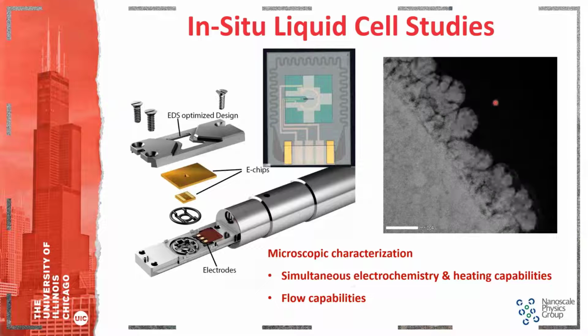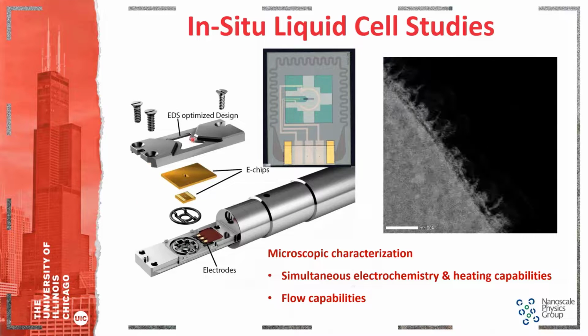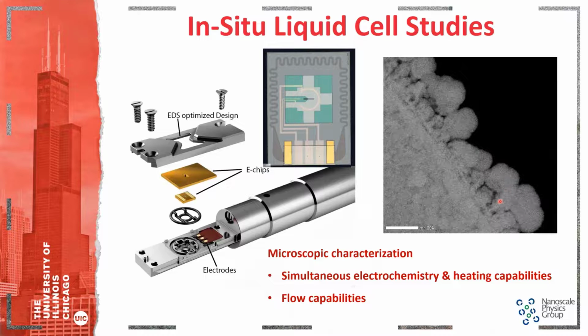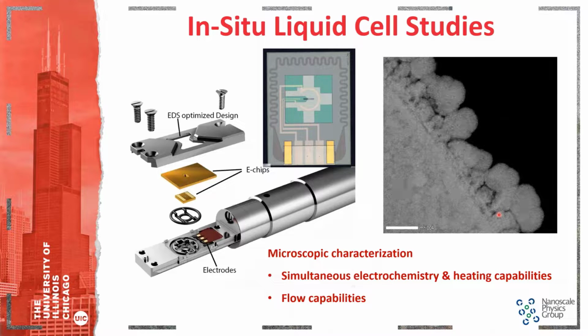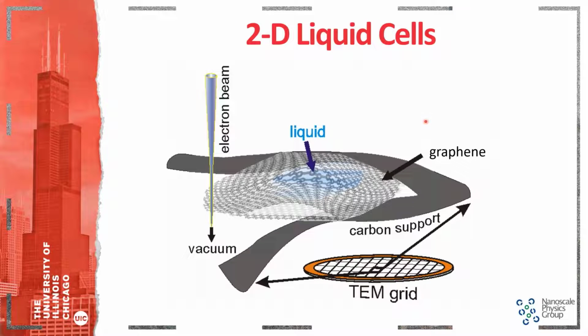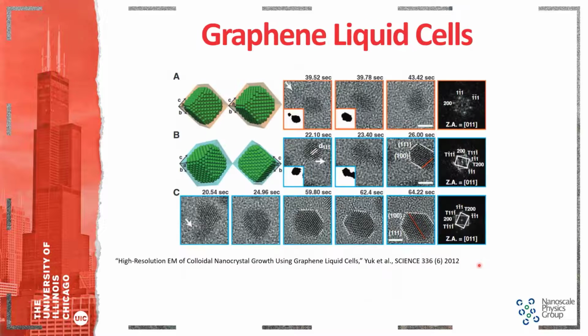We use, for example, a holder like this for observing in-situ electrochemistry, where we're going to need very low doses and want to observe dynamic behaviors. Or we can use these graphene liquid cells that I mentioned earlier, introduced by the Alivisatos group in 2012, showing that you can do atomic resolution imaging of the growth of particles in a liquid environment.